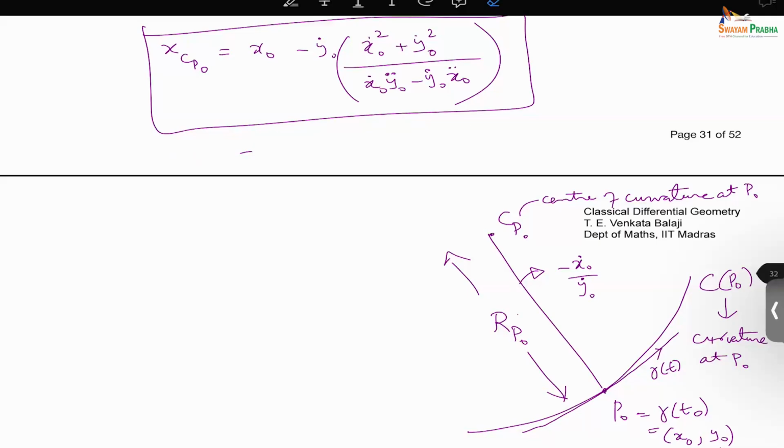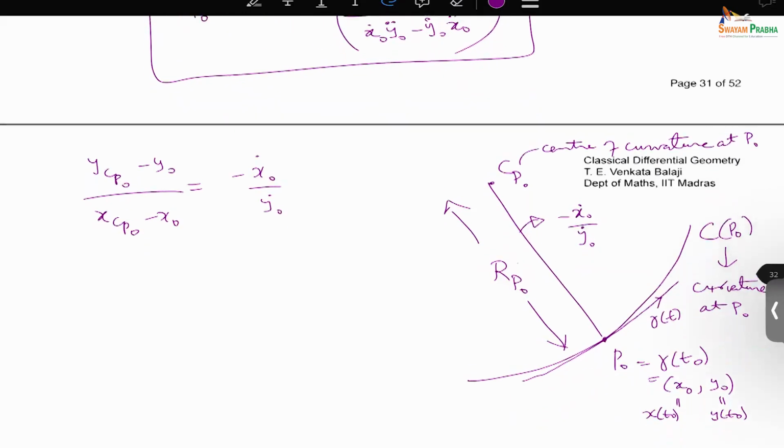In that you substitute this x cp naught, and you should get y cp naught. It's obvious. If you write it out using the two-point form, y cp naught minus y naught by x cp naught minus x naught is going to be the slope, which is minus x naught dot by y naught dot.